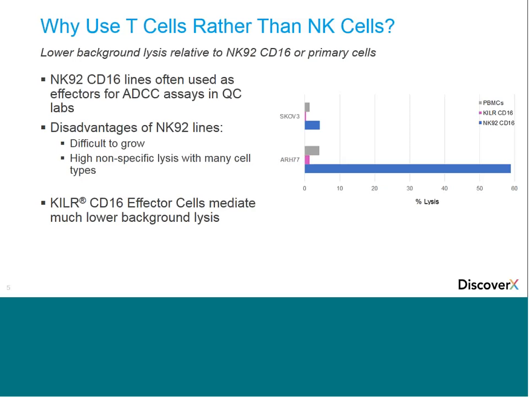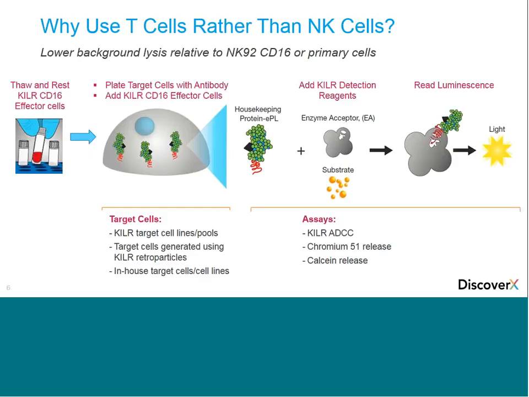By contrast, the KILR CD16 cells mediate almost no lysis, either in SKOV3 or ARH77, in the absence of antibody, and that's shown with the pink bars. So the important element here is that most cells are resistant to killing by the KILR CD16s in the absence of antibody.